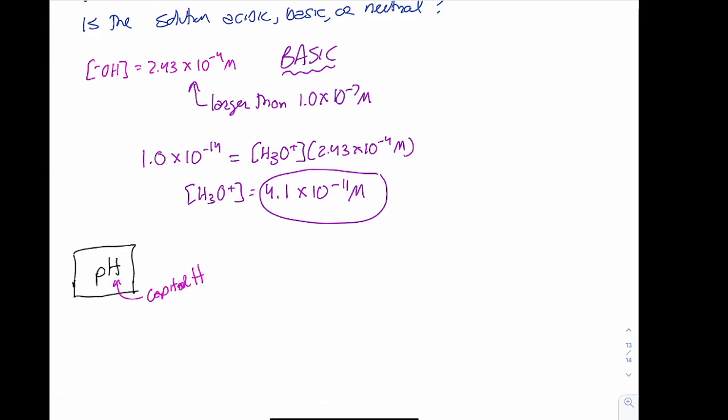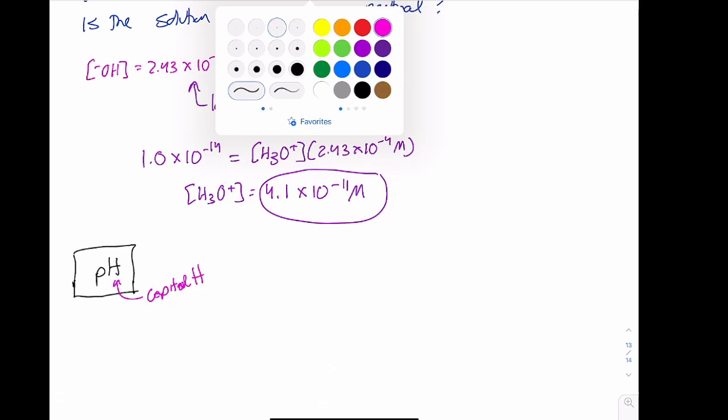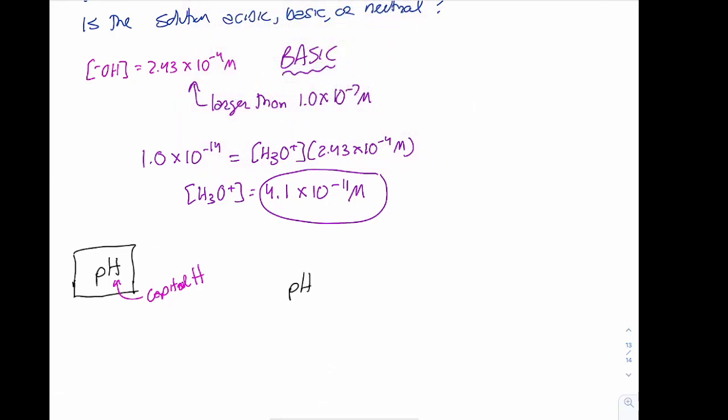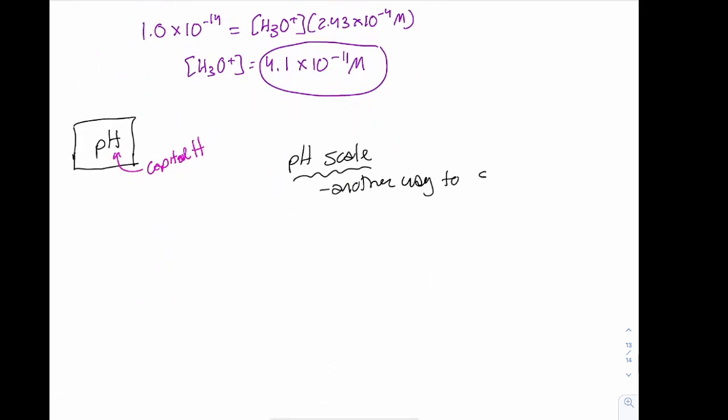Capital H. So essentially what the pH scale is, it's a more convenient way to express the hydronium ion concentration in solution.